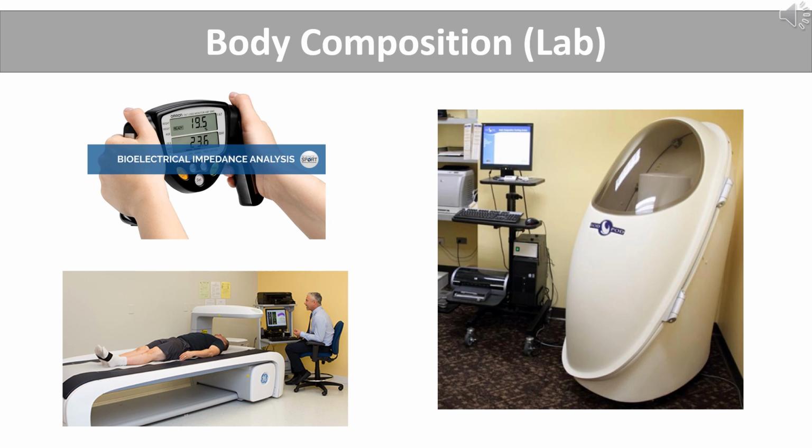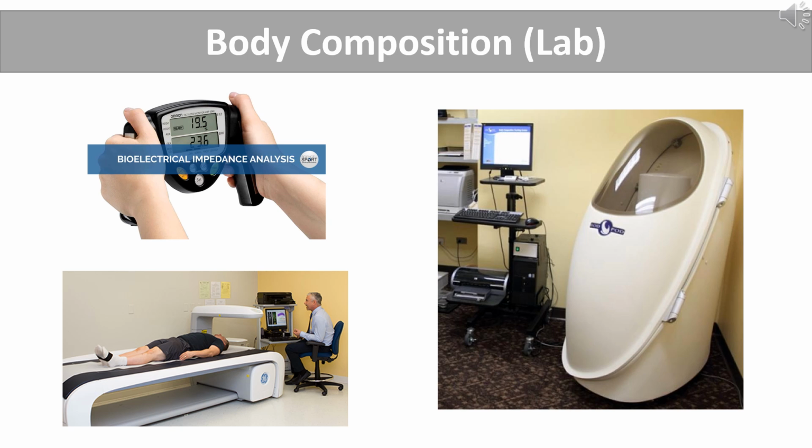But bioelectrical impedance analysis, BIA, is one where you can either hold a device that will essentially read your body fat percentage through the use of electrical currents, but you can also use BIA through having electrodes attached to your skin, which again sends an electrical current through your body.